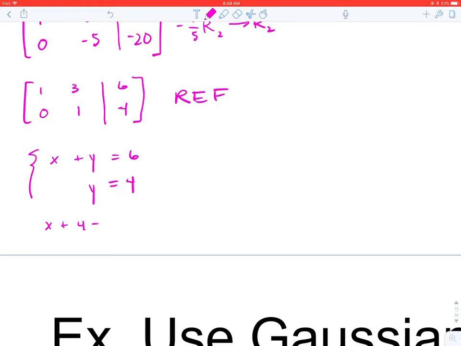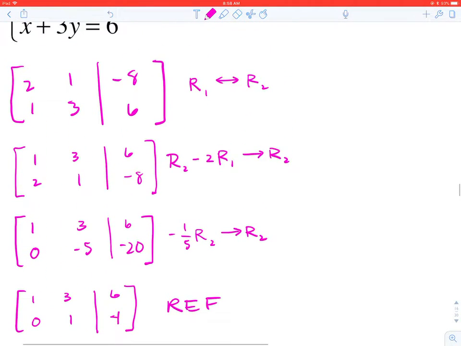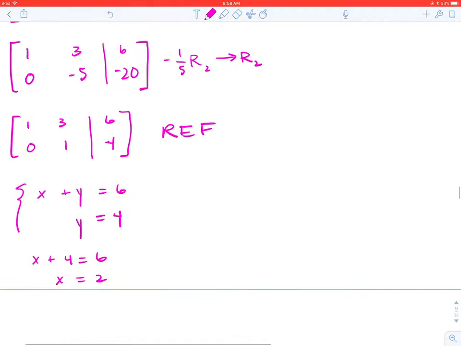So x plus 4 equals 6, or x equals 2. So our solution to this system is 2, 4.